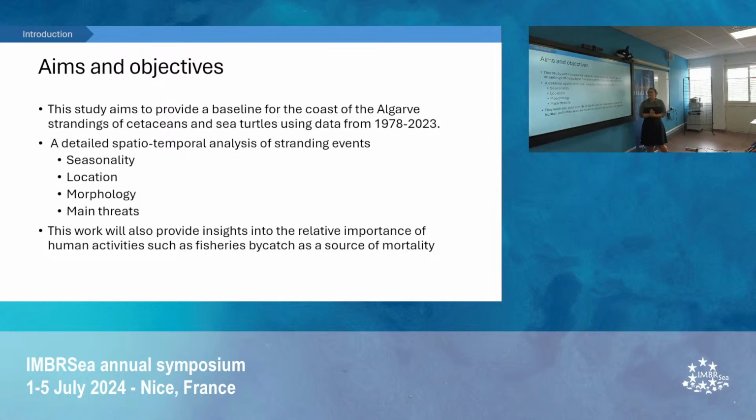The aims and objectives of this project were to provide a baseline for the coast of Algarve using data from 1978 to 2023 for both cetaceans and sea turtles. This included the spatial temporal analysis of stranding events, including seasonality, so what seasons have the most amount of strandings, location, if there's any locations that are hotspots for these strandings, the morphology, including sex and size of cetaceans, and then size for sea turtles, and any main threats that we're seeing that are coming up in our results.